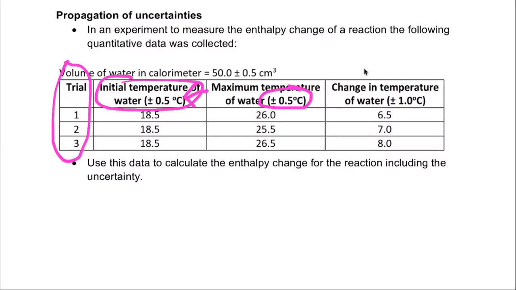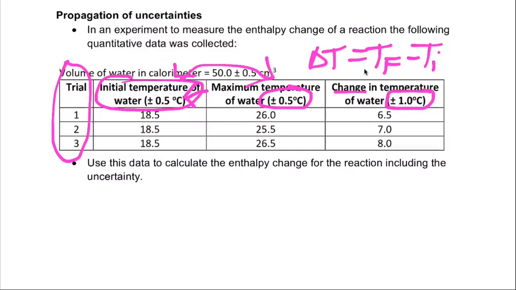Okay. That's because to get the change in temperature, remember delta T, we always do final temperature minus initial temperature. So they had to subtract these two numbers in the first two columns to get what's here in the last one. And any time you add or subtract numbers, you always add their absolute uncertainty together.